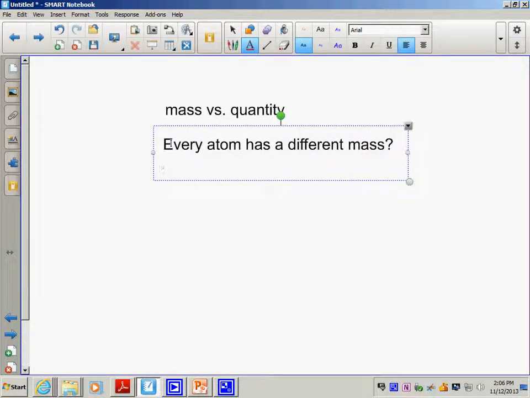So the question might be, is an atom a brick or is it a feather? There's always the common joke, if you have 1,000 pounds of bricks and 1,000 pounds of feathers, which one do you have more of? Or which one weighs the most? Well, they both weigh the same, but you have a lot more feathers.